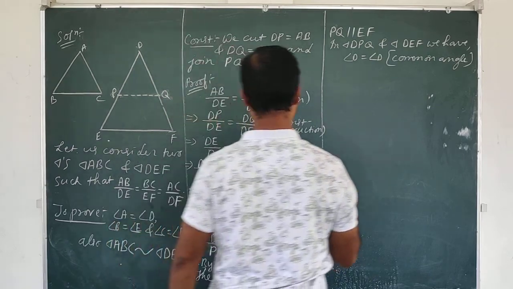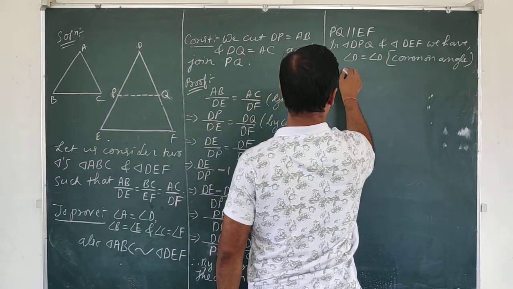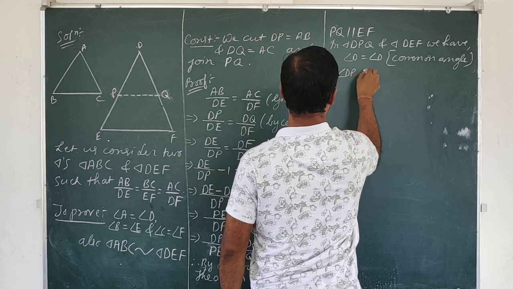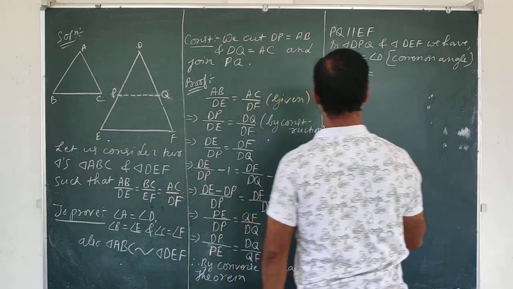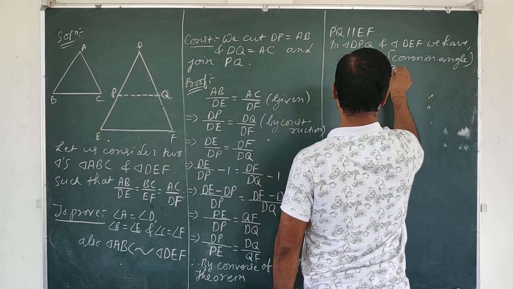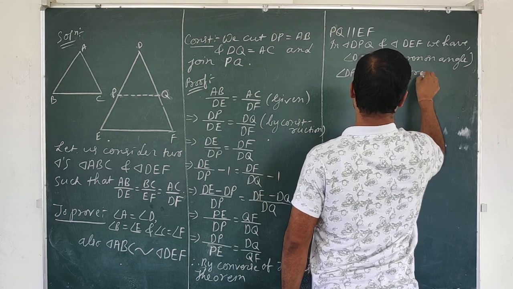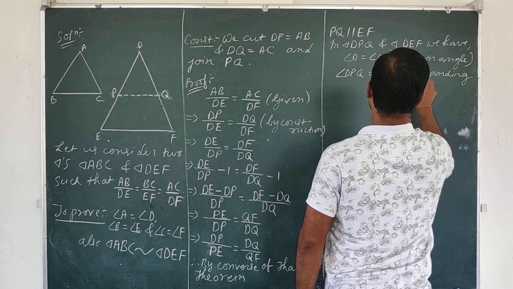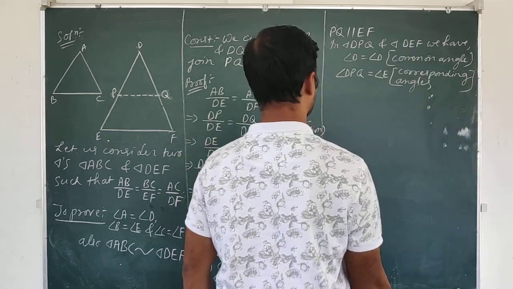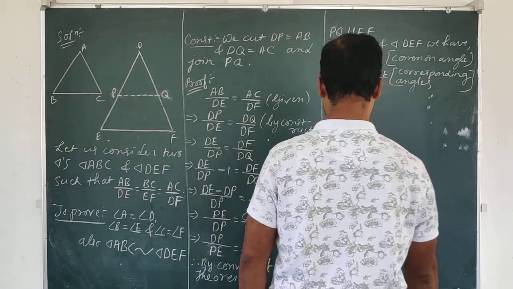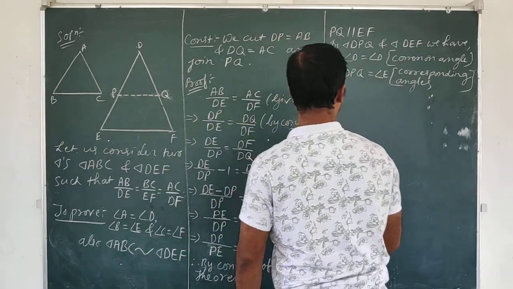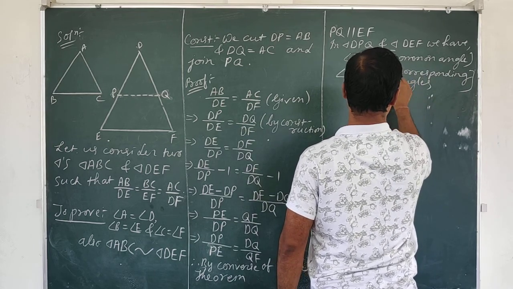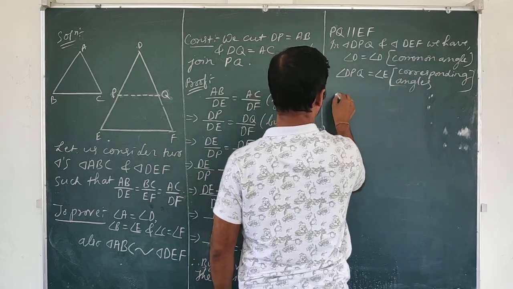And angle DPQ is equal to angle E. These are corresponding angles.